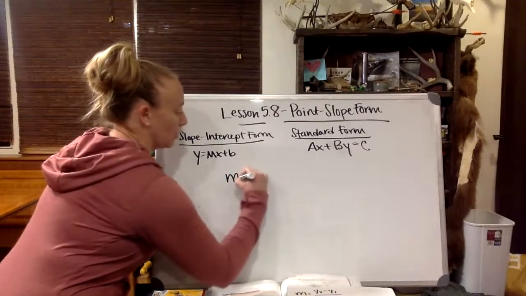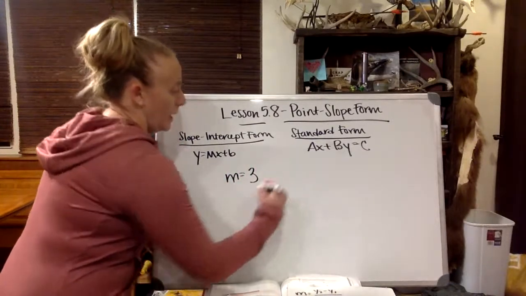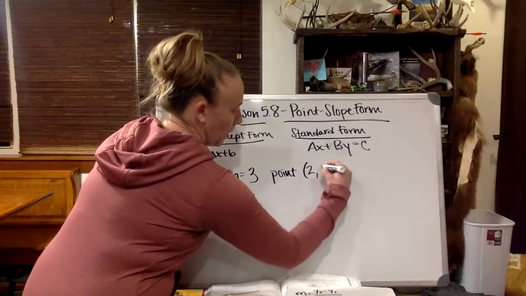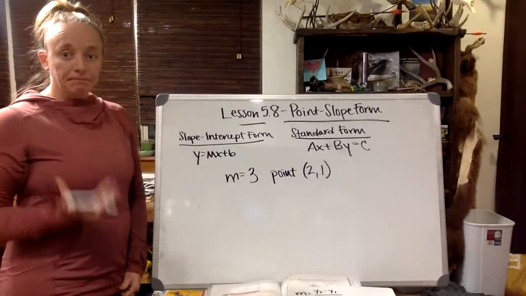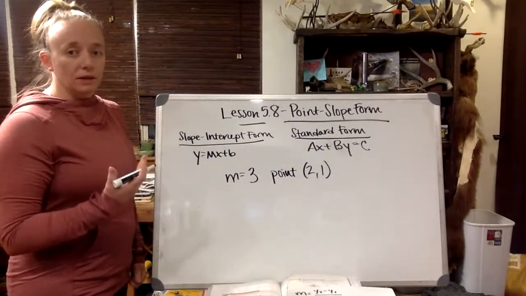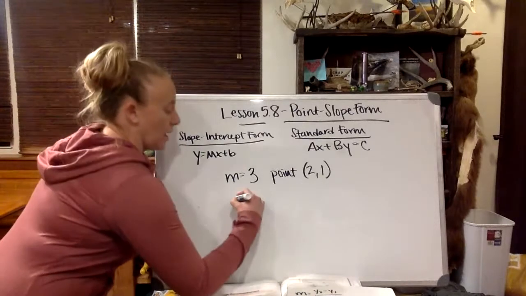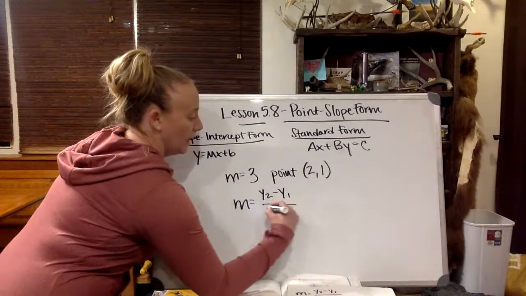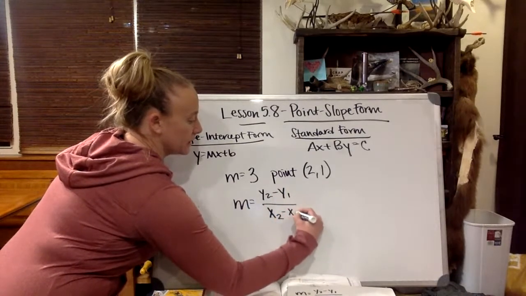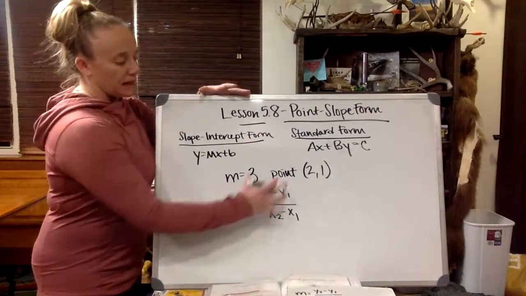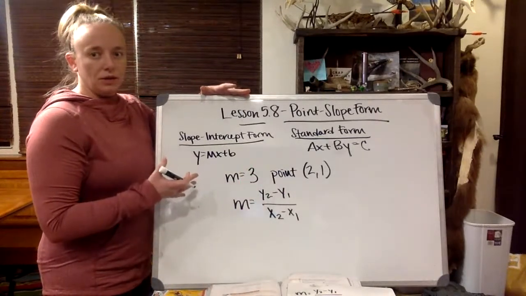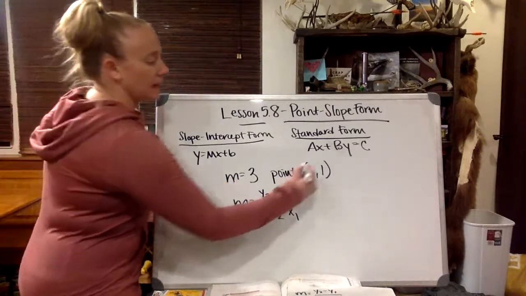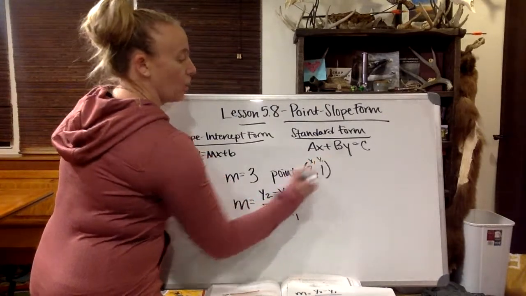So let's look at this general situation. What if I knew the slope was 3, and I knew that the point (2, 1) was on the line? I'm going to take the slope formula: m is equal to y sub 2 minus y sub 1 over x sub 2 minus x sub 1. And I'm going to turn this into an equation. I'm just going to say this is x1, y1 for the point.